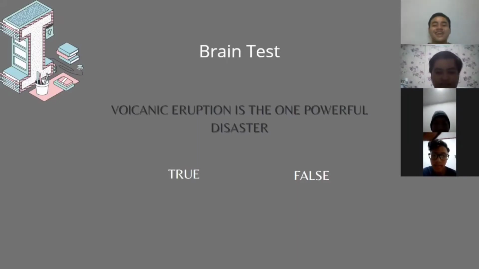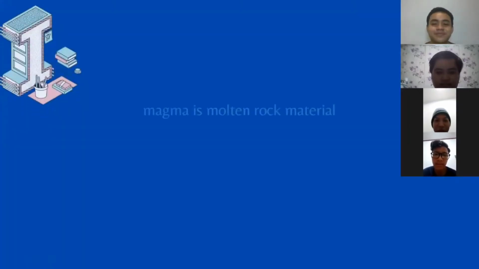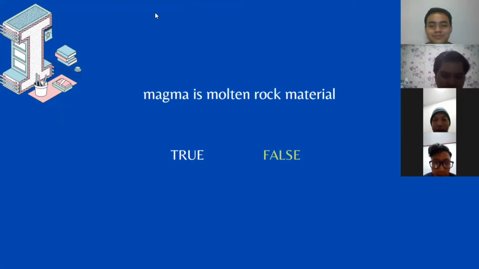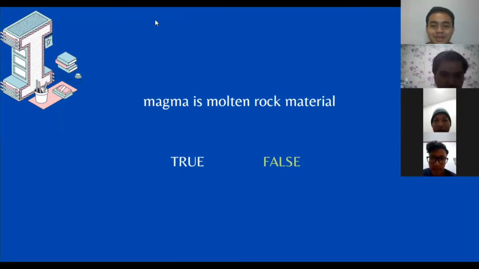Okay, question number 2. Magma is molten rock material. True or false? False. True. Rafli, false. Abdul, true.